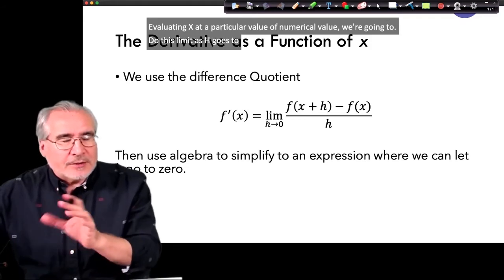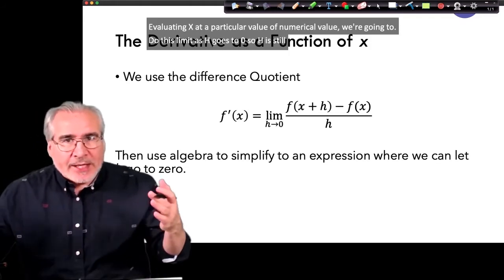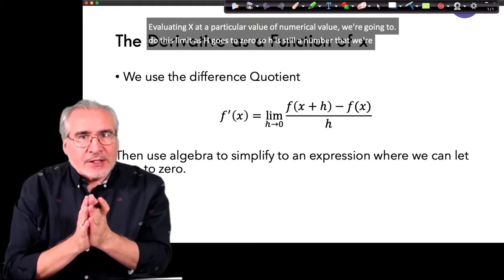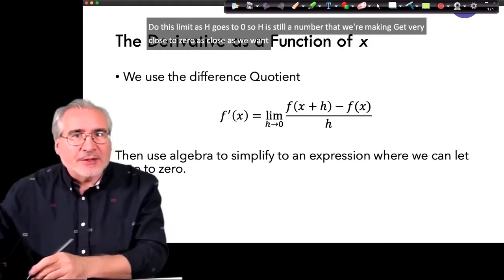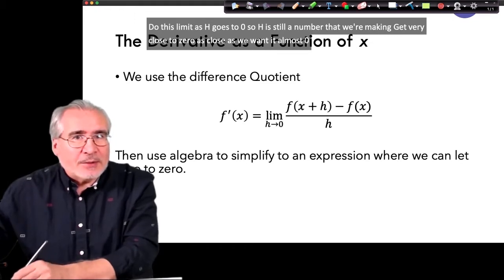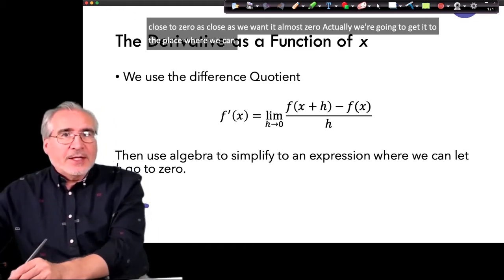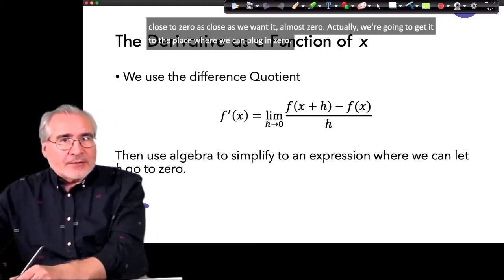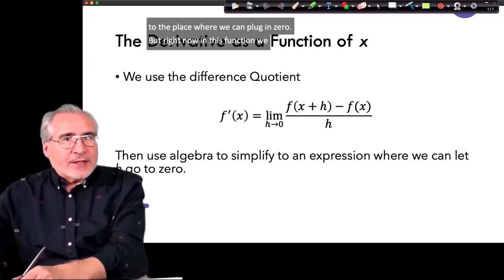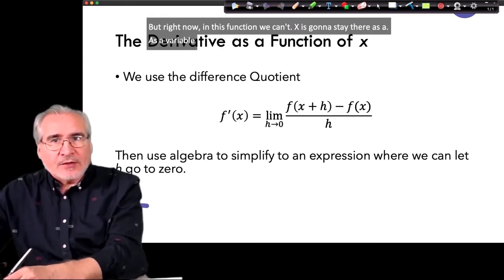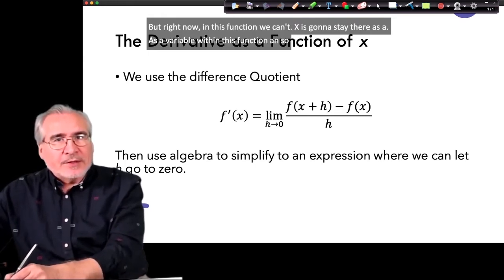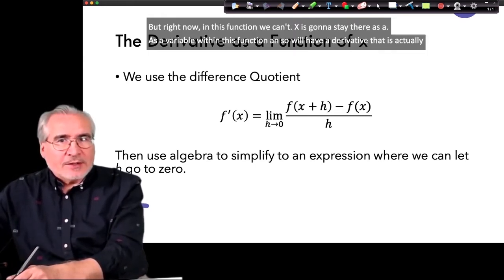So h is still a number that we're making get very close to 0, as close as we want it, almost 0. Actually, we're going to get it to the place where we can plug in 0. But right now in this function, we can't. X is going to stay there as a variable within this function, and so we'll have a derivative that is actually a function that has an x in there.